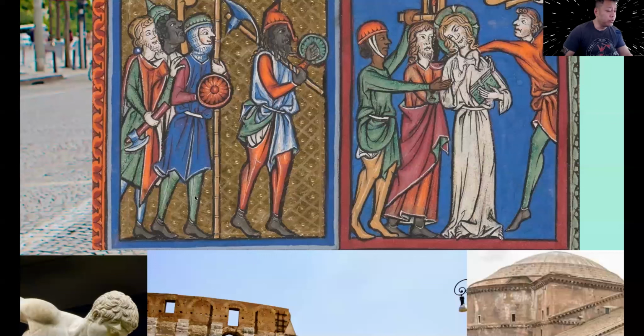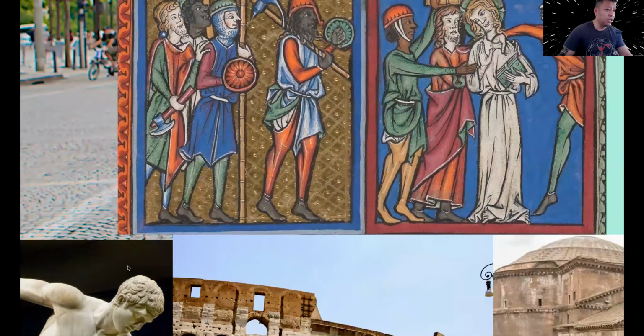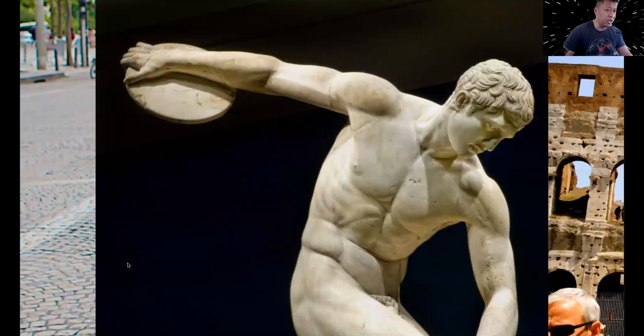and into the hands of artists like Michelangelo and Leonardo da Vinci, who studied works of antiquity, such as this. I'm showing you an example of a work of antiquity. This is a statue of an Olympian. The ancient Greeks celebrated the human potential.